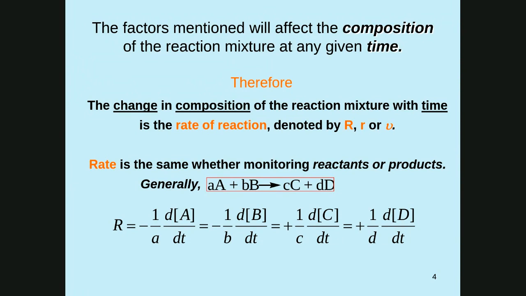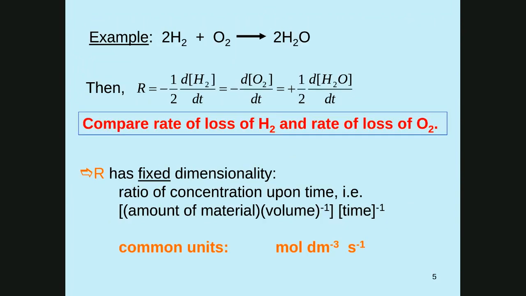Okay, move on now. So here's another example of how to go about defining reaction rate. This is the reaction between hydrogen and oxygen in the gas phase producing water, right? The stoichiometric ratio of hydrogen to oxygen is 2:1.